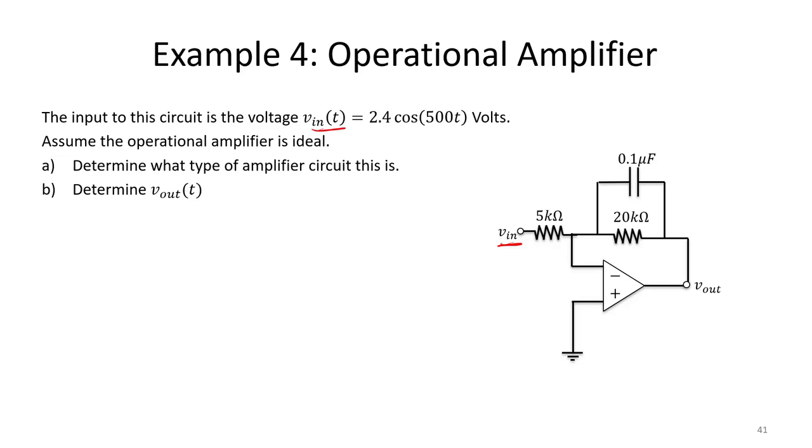First question asks, what kind of amplifier do we have? And the second question asks us to find V out as a function of time. So notice this should be written in sinusoidal form because it's time domain.